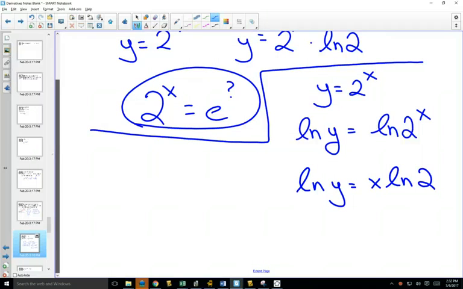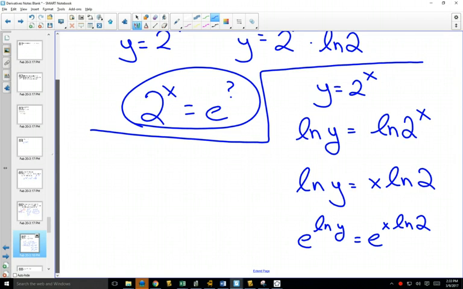So all I've done is taken that exponent out of the log and put it in front. If these two things are equal, does it make sense that these two things would be equal? Yes?